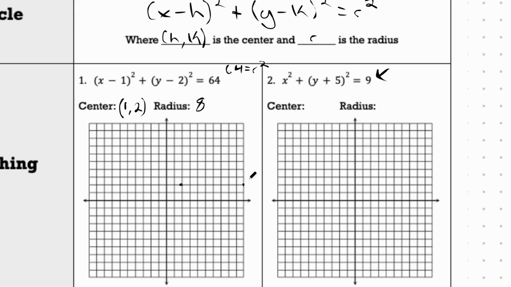Right, a circle is comprised of a bunch of different points that are equidistant from our center. So they're the same length. We could count 8 units out in this direction or this direction, but it's just going to be easier if we do it at 0, 90, 180, and 270 degrees. So we have 4, and then we have another 4.